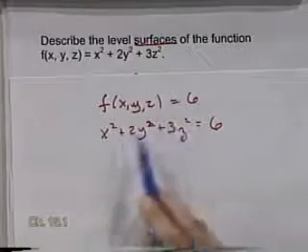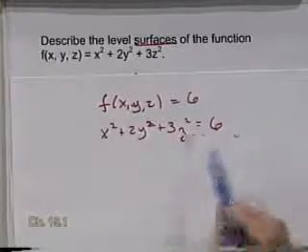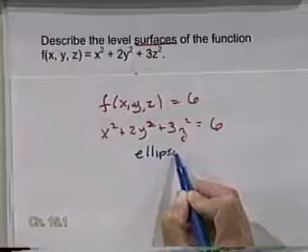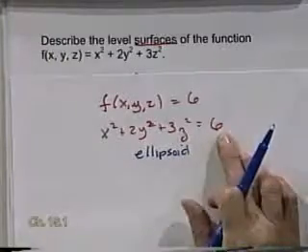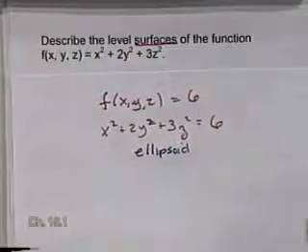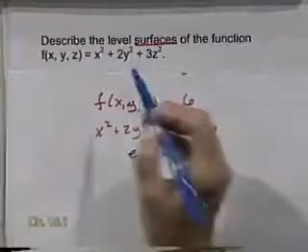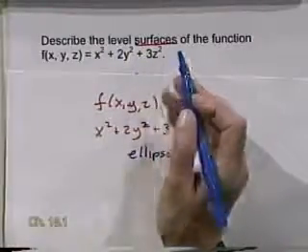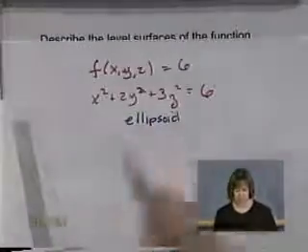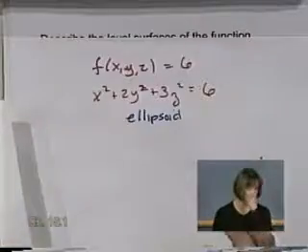When you've got all squares and all pluses and a positive number on the right-hand side, what do you got? An ellipsoid. And did it matter that I had 6? I could have had 12, I could have had 24, any number. You're going to have ellipsoids. And so the reason we call them level surfaces is that in 3D, you're not getting just little curves, you're getting surfaces. I chose this one because the numbers are easy.